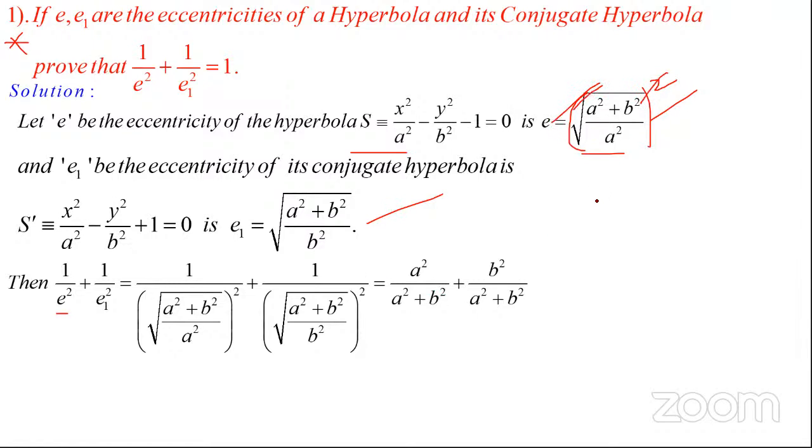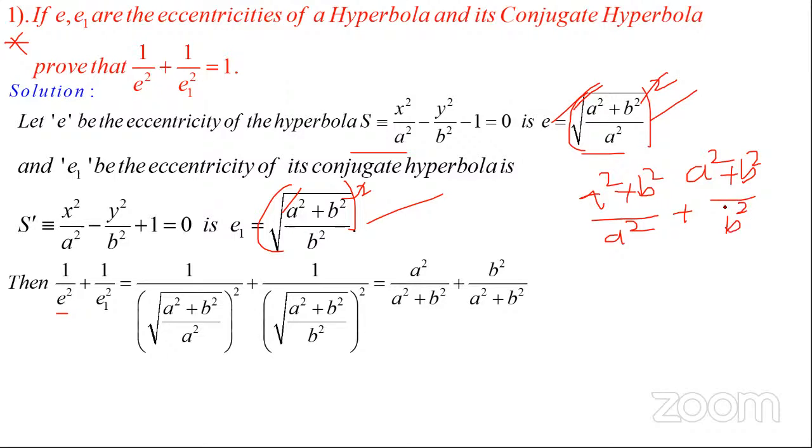You will get a square plus b square by a square, and similarly here 1 by e1 square, you also have to square here. The root gets cancelled. Then you will get a square plus b square by b square.